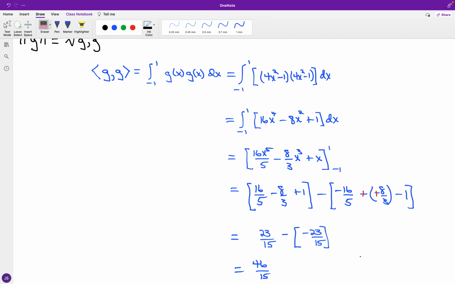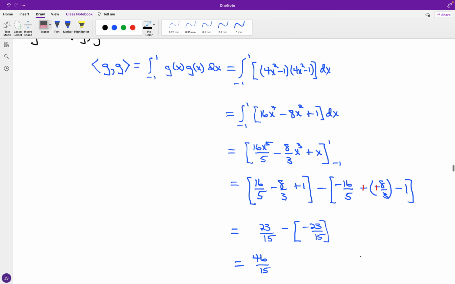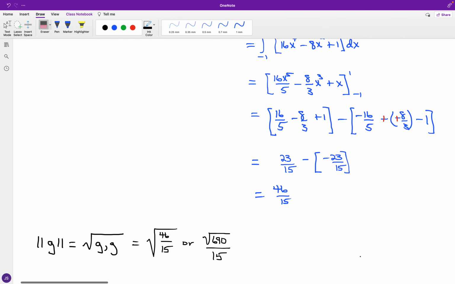So this will be 46/15. And the norm of g is going to be the square root of 46/15. Getting out of the radical in the denominator, we're going to have essentially the square root of 690 over 15.